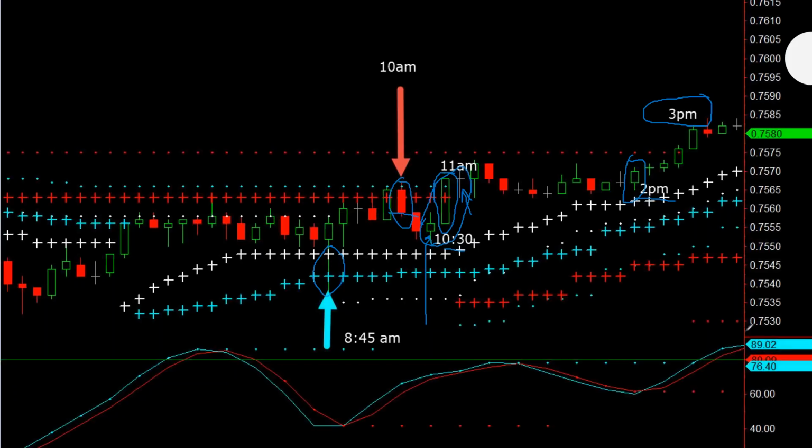Their average true range areas of support and resistance. It's an indicator that I designed that uses average true range.